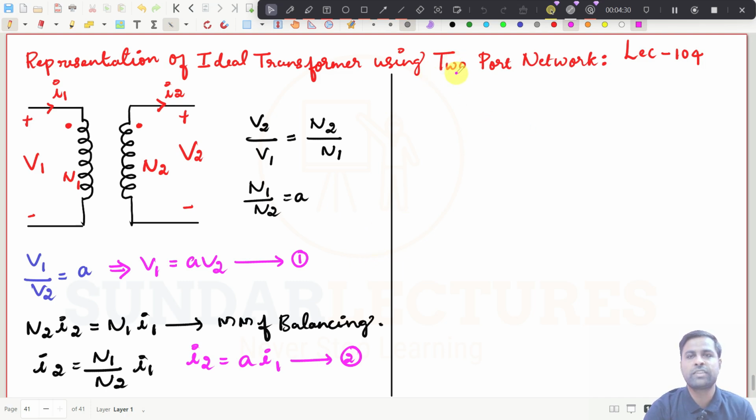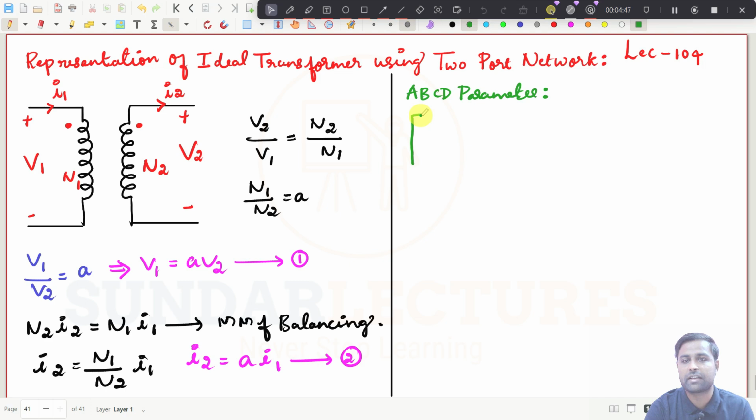Now you see here, you can go for the ABCD parameters. What can you write for this expression? What is the ABCD parameter?